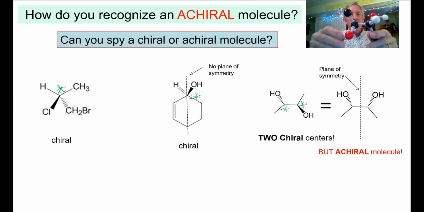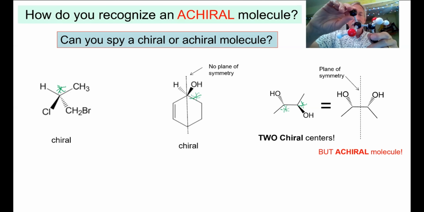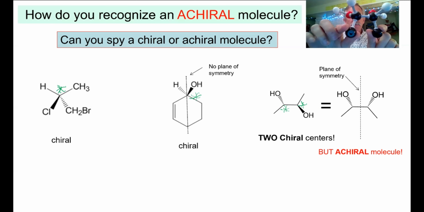Okay? So how did this become a plane of symmetry? How did it become the drawing on the right? What I did is I just took this CH3, and since it's a single bond, single bonds can rotate. So I took this CH3 and I rotate it down to make it a mirror image with the other CH3.